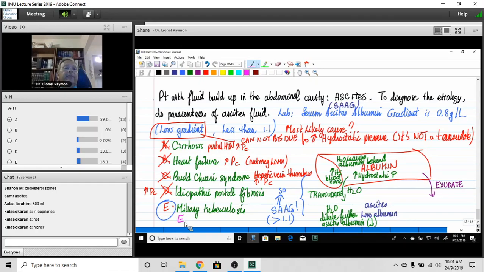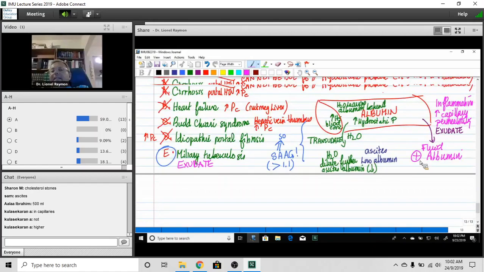Why? Well, when you have inflammation, you increase capillary permeability. And if you increase capillary permeability, then fluid plus albumin plus protein leave and go into ascites.